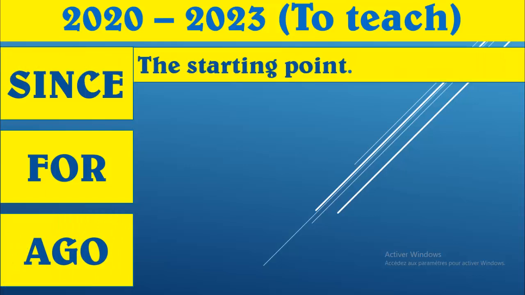Since is for the starting point, the beginning point of the action. Example, the action started in 2020 and we are in 2023. So, here is the starting point of the action. The action started in 2020.